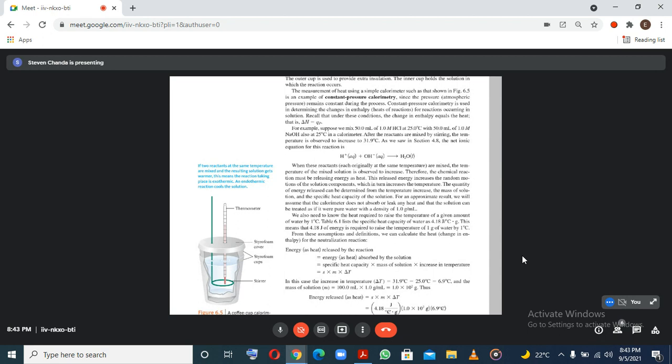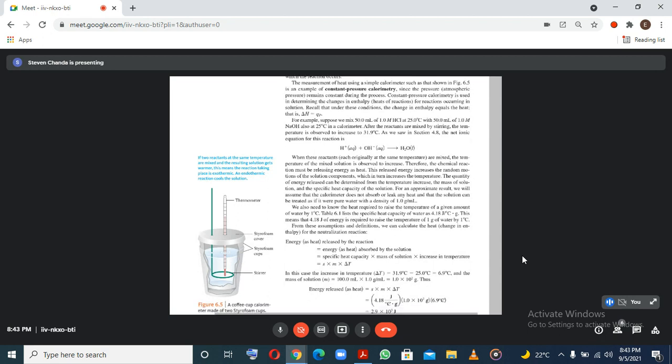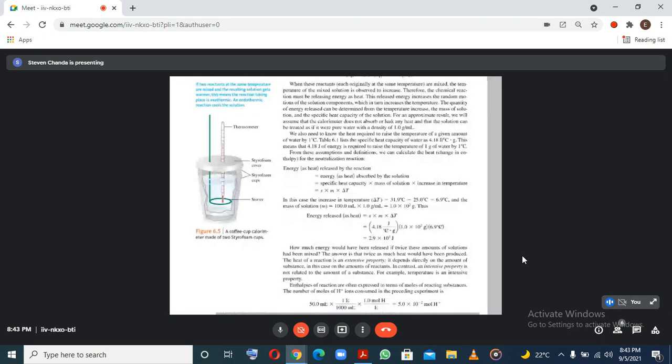So that's basically what those notes on your right are explaining. Now let's relate how we can find all these things based on our styrofoam coffee cup calorimeter. We also need to know the heat required to raise the temperature of a given amount of water. So of course we know the specific heat of water.